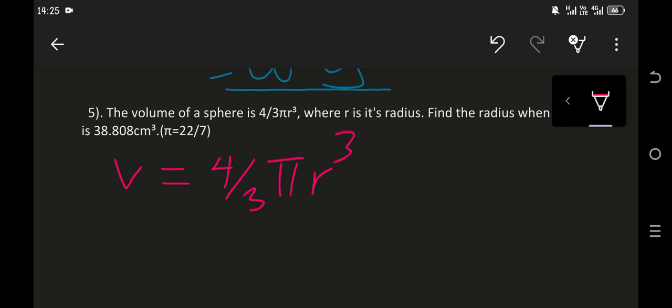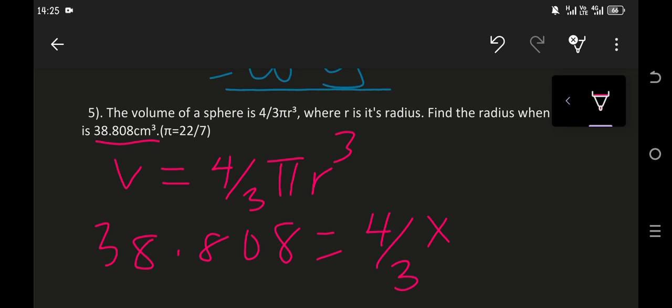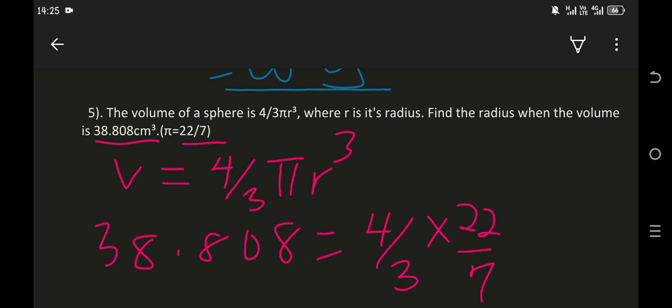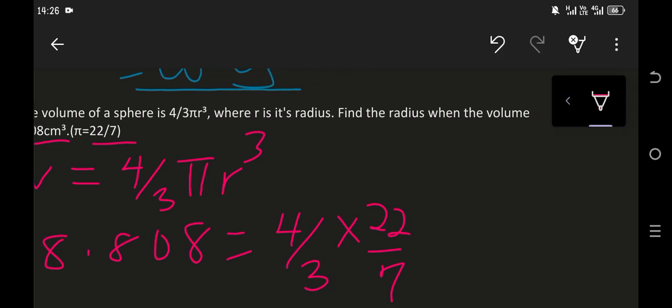And what is the volume? The volume is 38.808 cubic centimeters. This will be equivalent to 4 over 3 times, what is our pi? 22 over 7 times r cubed. We do not have r. That is what we are trying to look for.